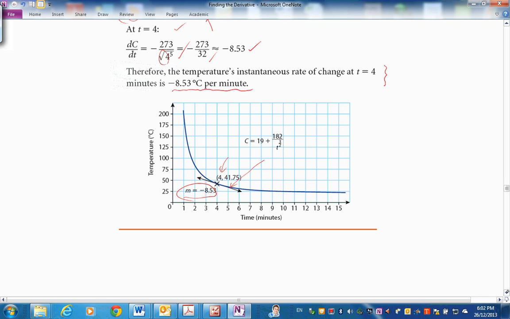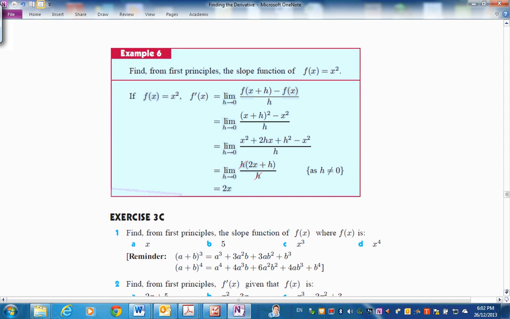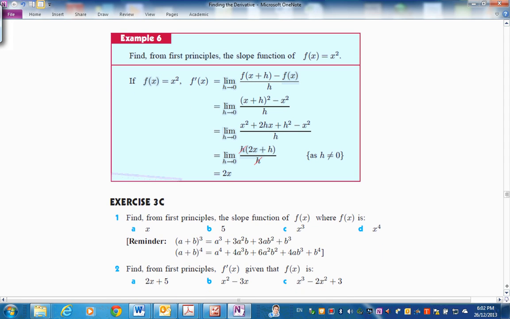Okay, let's go on now and have a look at an example I've taken here, and some problems I want you to try from Hayes and Harris, another publisher, and let's look at going through the process very slowly. Fine, and here you are, first principles keyword, the slope function for this. Well, that's a function which gives you the slope of the tangent or the instantaneous rate of change.